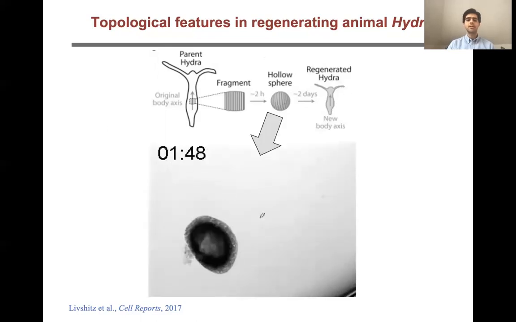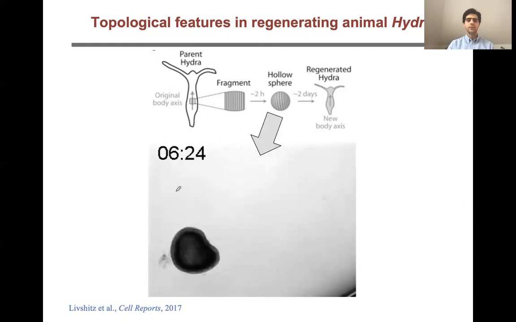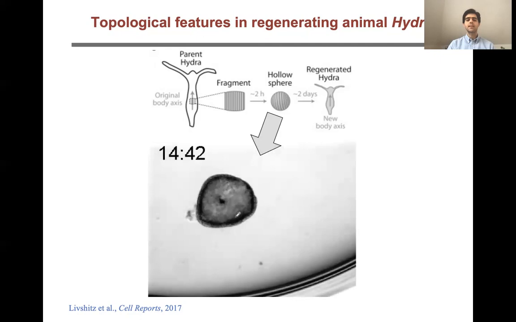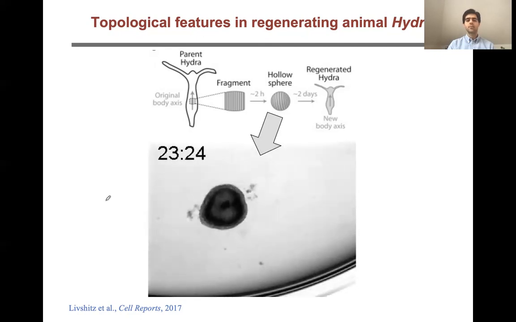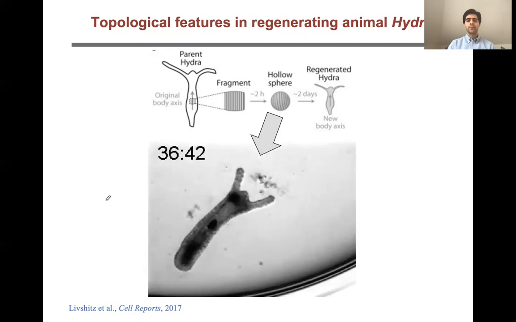You can see an example here. Time here shows hours, and you can see the segment that they had taken. After around 2 days, it deforms to the original shape of the animal, which is a fascinating phenomenon.